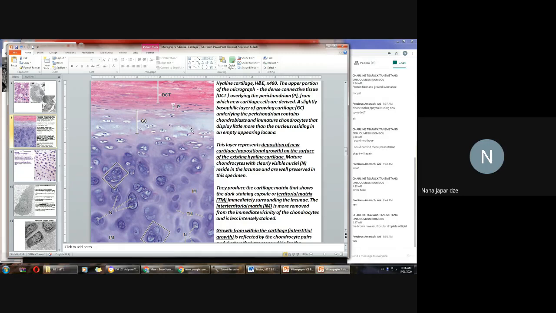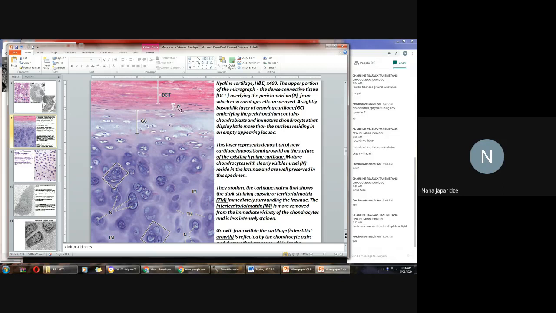So chondroblasts are able to divide. And cells in perichondrium also have the capacity to divide. That is why the perichondrium is the main source of cartilage growth.